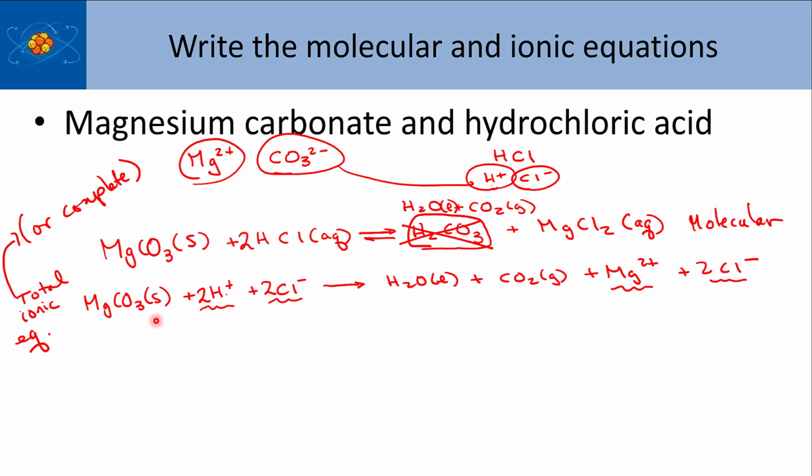That's not a spectator ion. The H pluses became part of the water, so that's not a spectator ion. But the chlorides are here, and the chloride is over here, so those are spectator ions. So now what I can do is cross out my spectator ions like this.